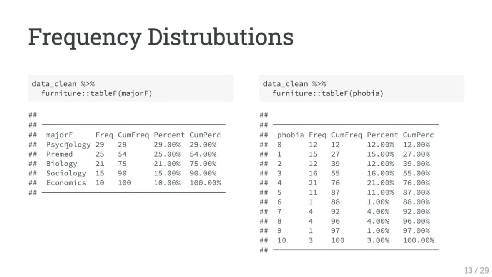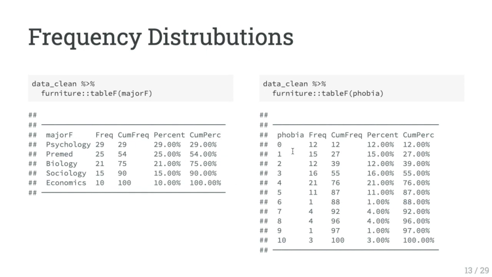And so major F is telling us that there's 29 psychology majors, there's 25 pre-med, 21 biology, etc. It also tells us that there's no missing, so we don't have any missing values for this variable in this data set.